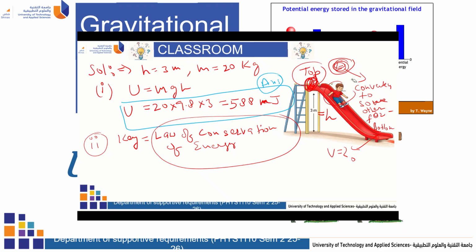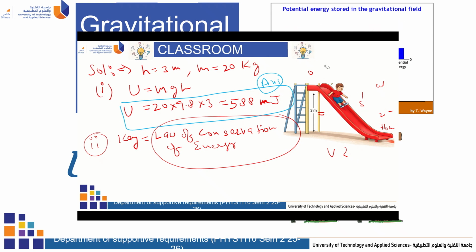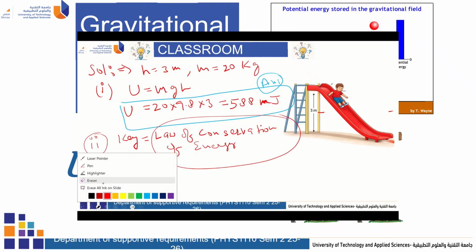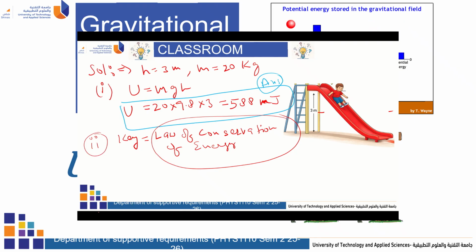At the top there is no kinetic energy because the child is not moving. At the top, purely here the energy is potential.